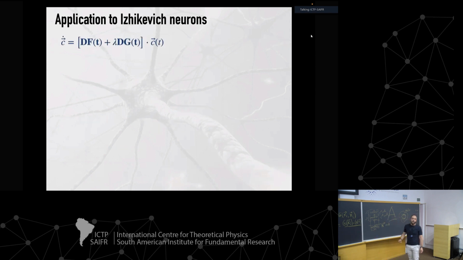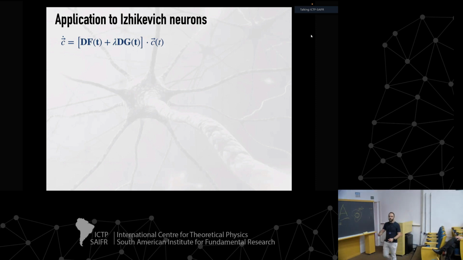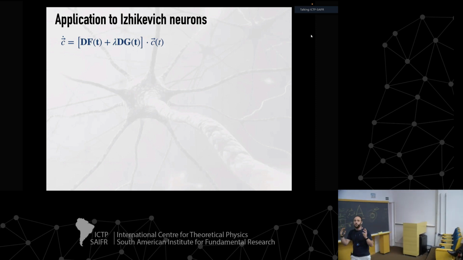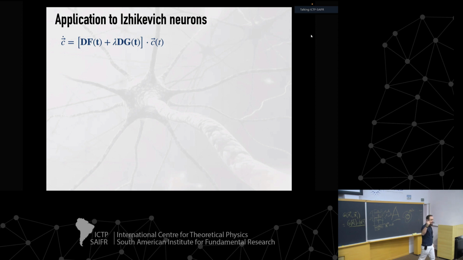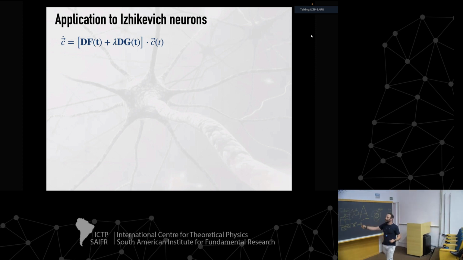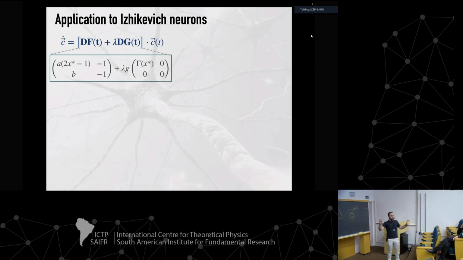Now, what I do is to take the Izhikevich model, take the interaction, and just make the Jacobian. The Jacobian is a 2 by 2 matrix. Wow, a 2 by 2 matrix. A 2 by 2 matrix can be analytically solved for the eigenvalues, okay? It's so easy that you can analytically write the eigenvalues. Remember that we have a culture of neurons, okay?